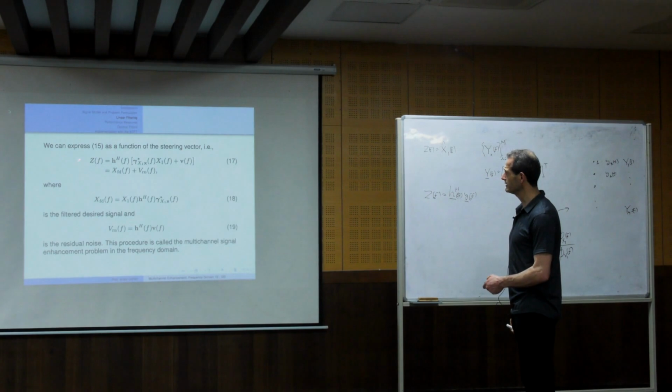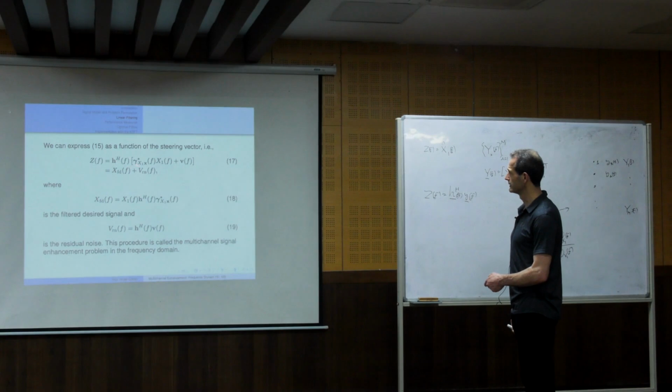So we have here that the estimate of x1 is h conjugate transpose multiplied with y, and we write y like this. So we have two components. One component is the filter desired, and one component is the residual noise.